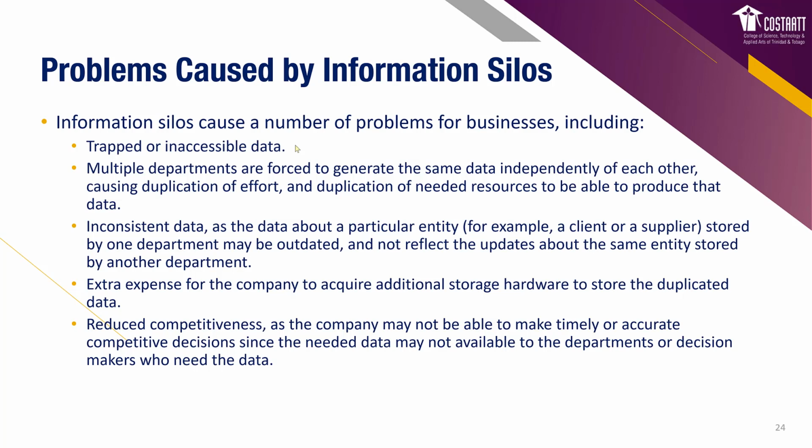Now remember, we said in the previous point that with multiple departments generating the data, that's duplication of effort and duplication of resources. But what if one department gets the update that the customer's address has changed, or the customer's phone number has changed, but the other department does not get that data?